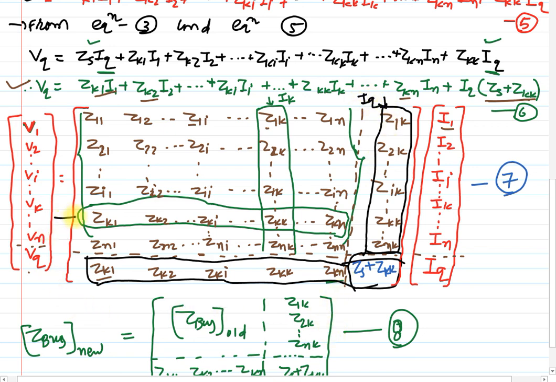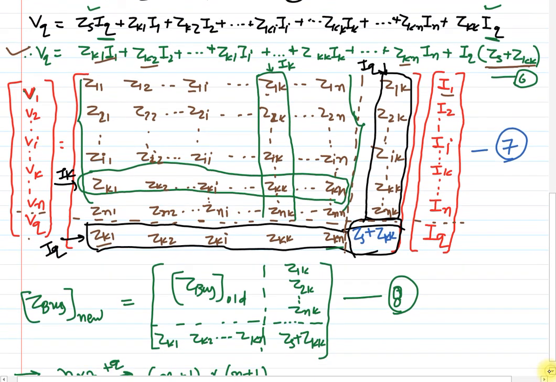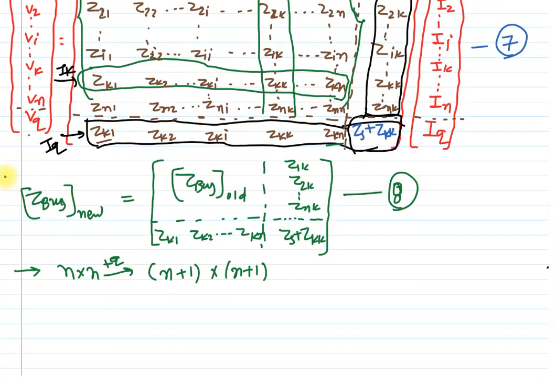Okay, I can write over here, this is just because of Ik, and these all elements just because of Iq. So clear?